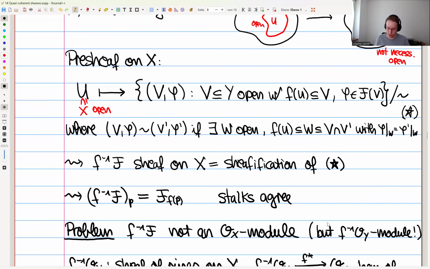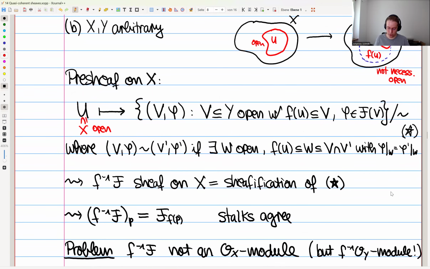It is true that it is an f inverse of OY module. So you can do the same inverse image on OY, then you get sections or regular functions on these open sets V. And then if you have one section of F on some open set, and you have a function on some open set V, then you can multiply them and you get a new section.